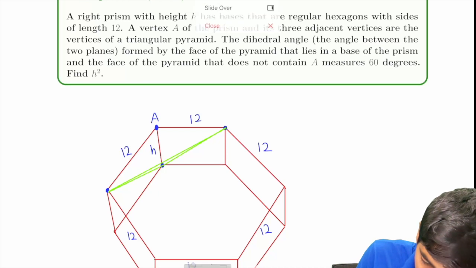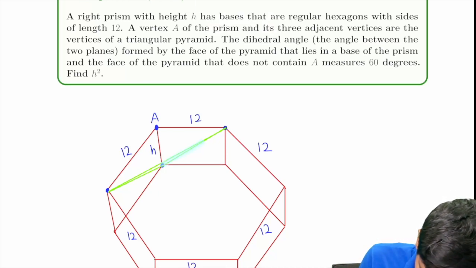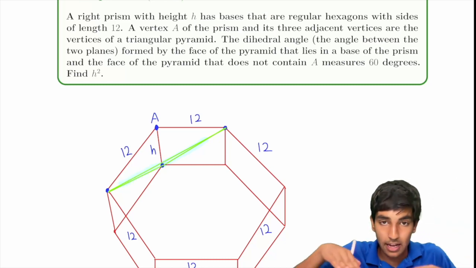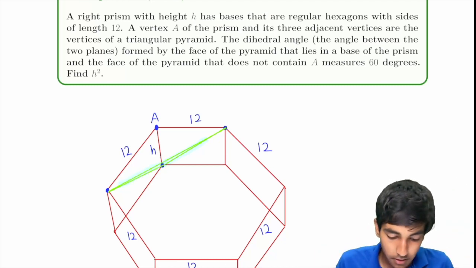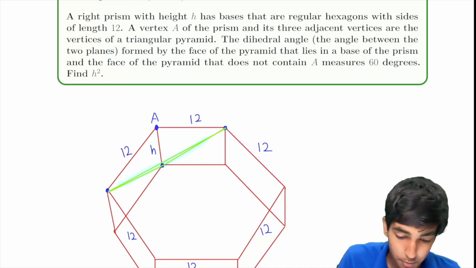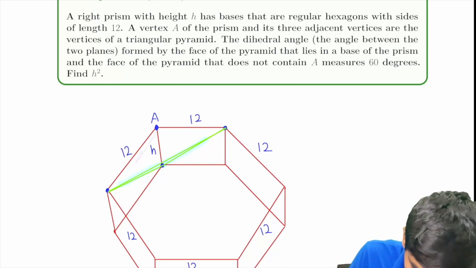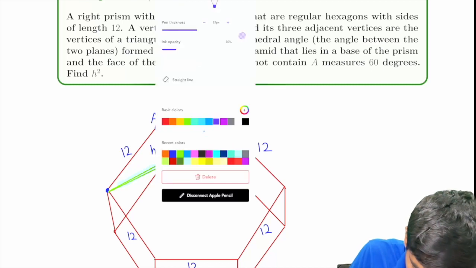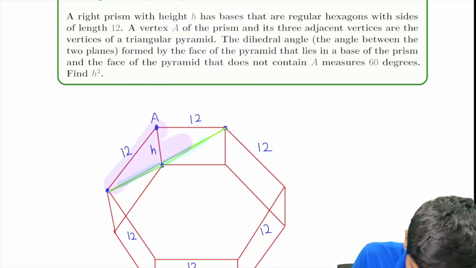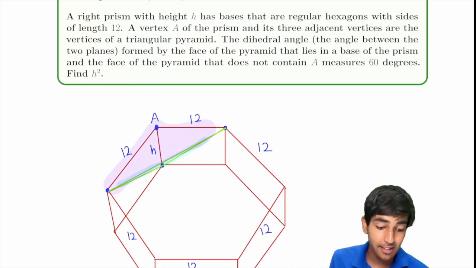That's this blue face over here. This face over here, as you can see, of course, it's a lot bigger, but you can imagine it's on the inside there, that blue face. And the face of the pyramid that lies in the base of the prism, that's this purple face. This purple face over here is the face that lies in the base of the prism.